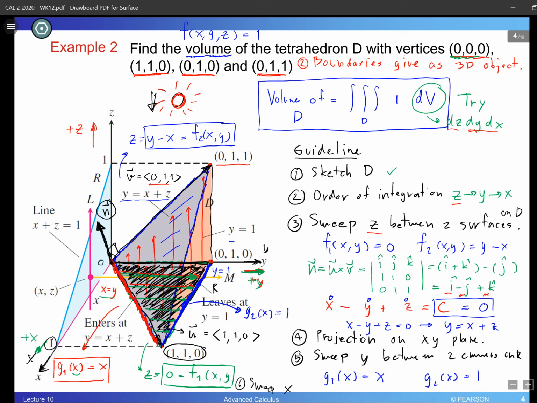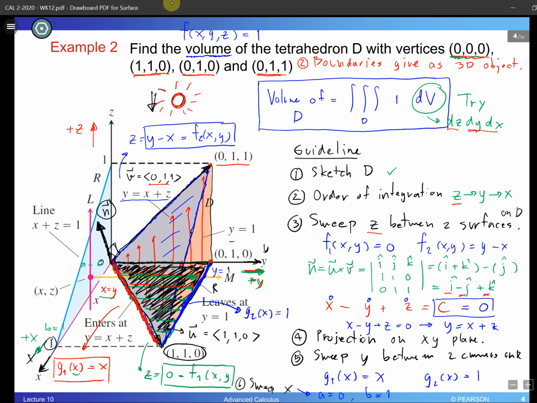So we know right away that a is equal to 0 and b is equal to 1. So there you go. We have found all the boundaries for z, y, and x.